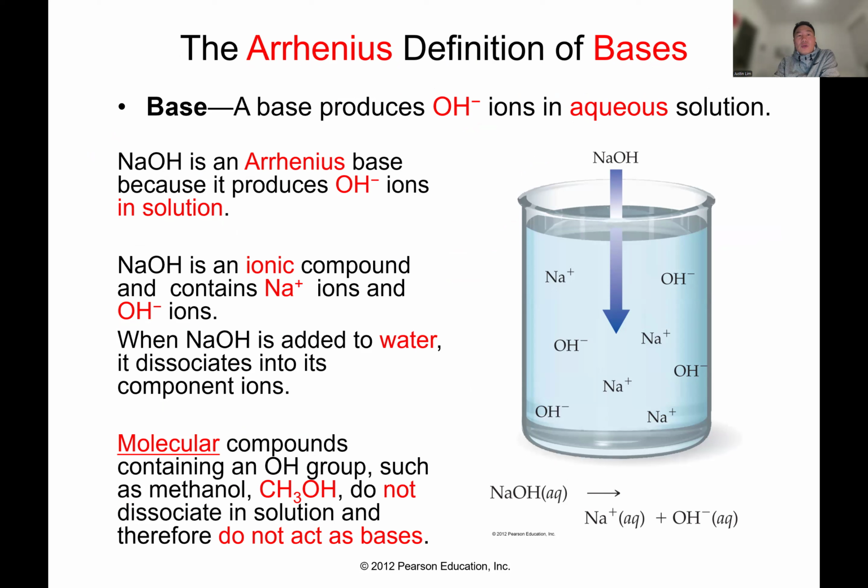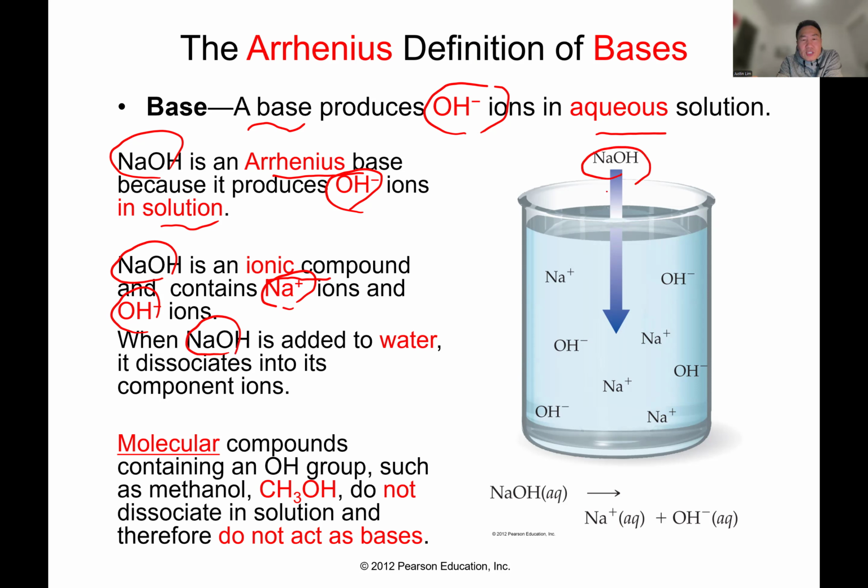Next, we need to know the definition of the base. An Arrhenius base produces hydroxide ions in aqueous solution. NaOH is an Arrhenius base because it produces hydroxide ions in the solution. NaOH is an ionic compound, containing sodium ions and hydroxide ions. When NaOH is added to water, it dissociates into its component ions, sodium ion and hydroxide ion.